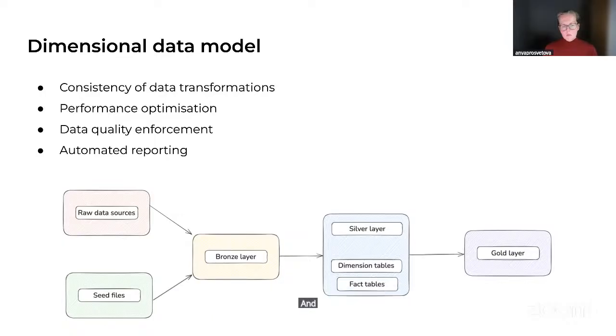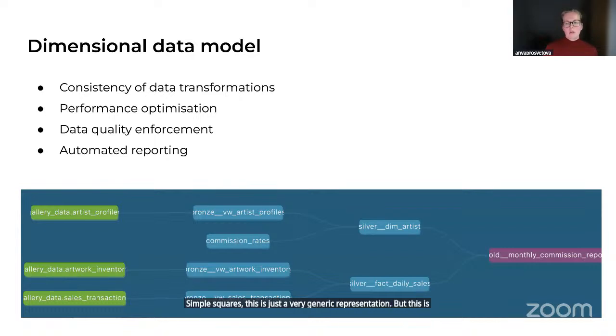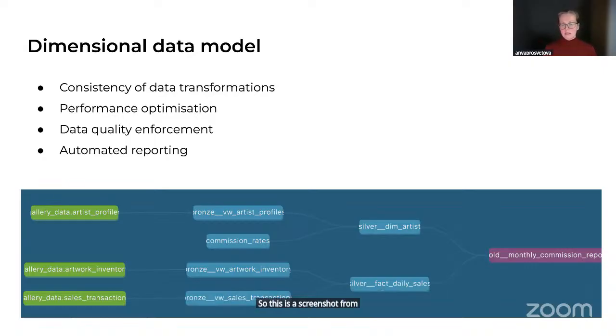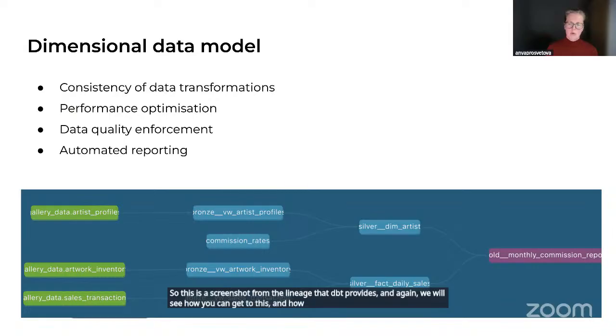And if you look at this schema in simple squares, this is just a very generic representation. But this is how it will look, hopefully, by the end of the workshop in your DBT project. So this is a screenshot from the lineage that DBT provides. And again, we will see how you can get to this and how you can explore it.